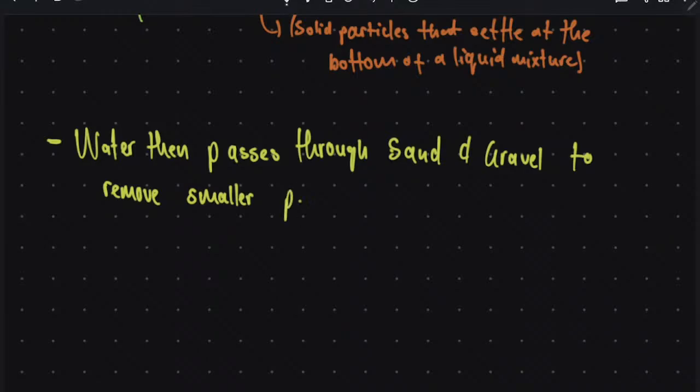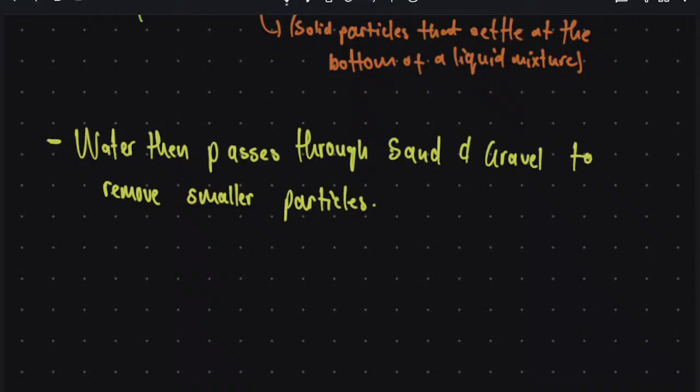You pass it through sand and gravel and you collect it at the bottom. The sand and the gravel will collect the smaller particles. Are we together, students? The sand and the gravel will collect the smaller particles out of it, okay?